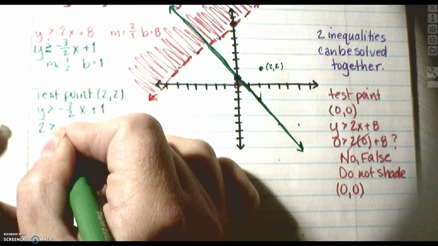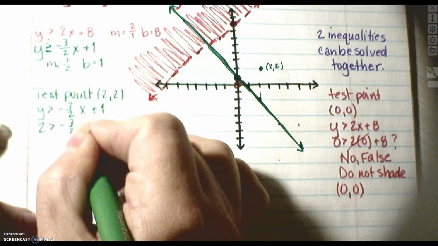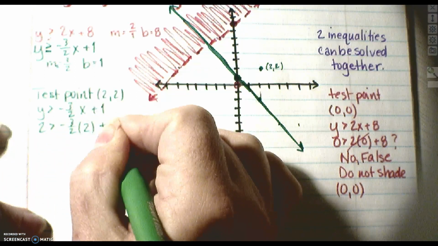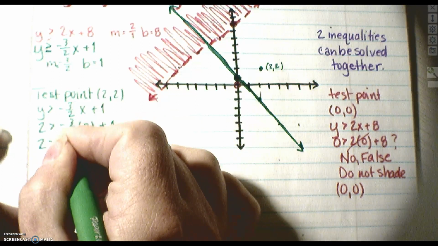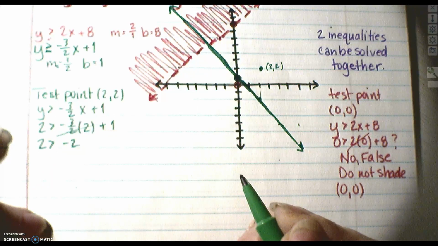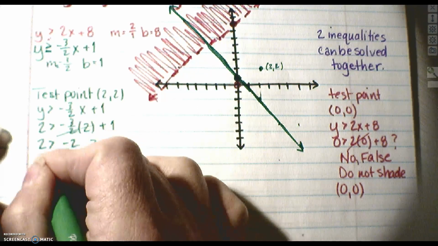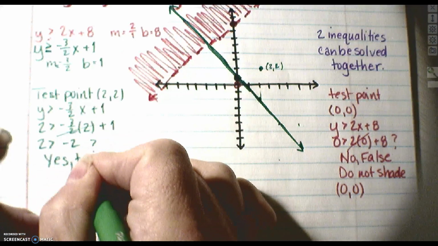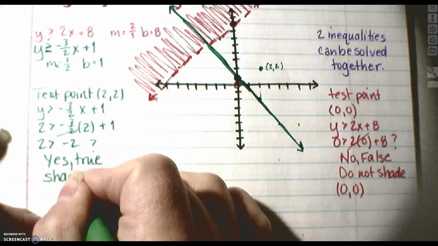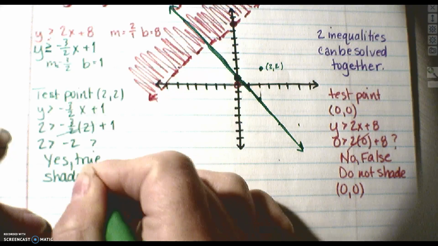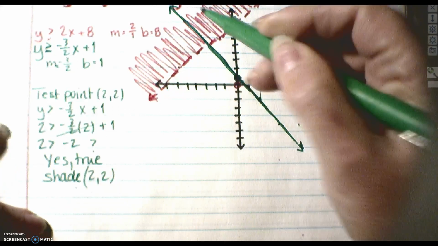So 2 is greater than negative 3/2 times 2 plus 1. The 2's cancel. 2 is greater than negative 3 plus 1 is negative 2. Is that correct? Yes, true. So shade our test point, 2, 2.